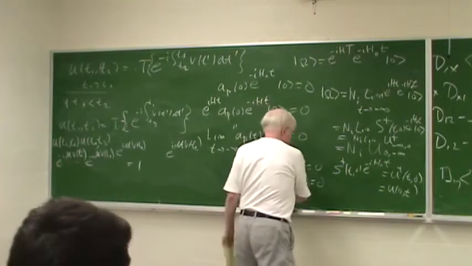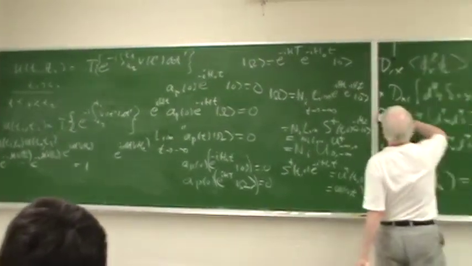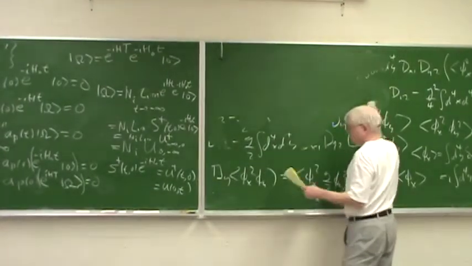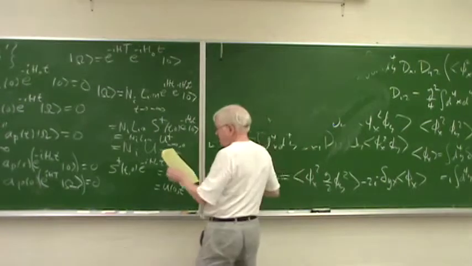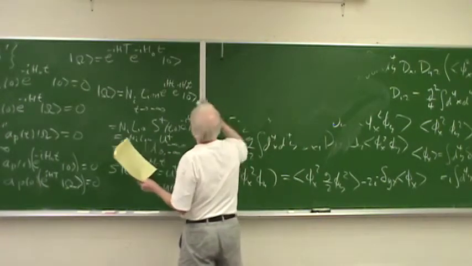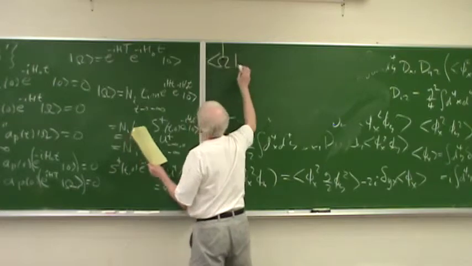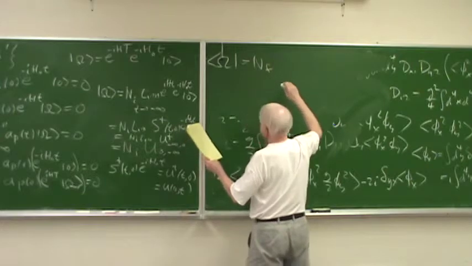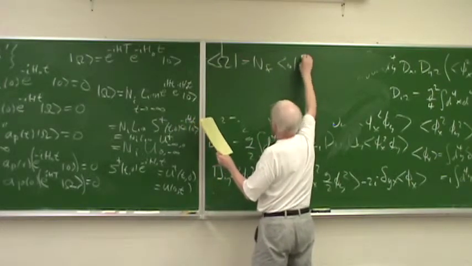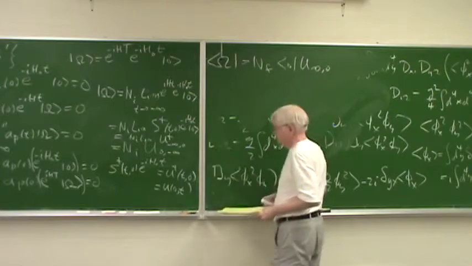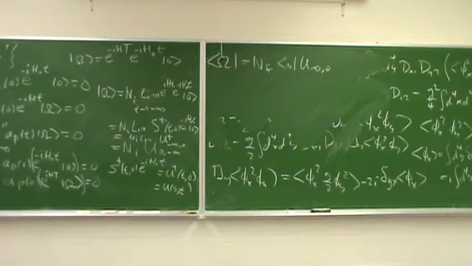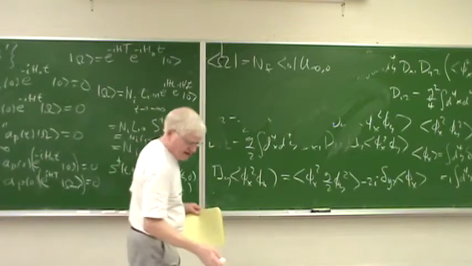Okay, similarly, you can say that the physical vacuum is some final state constant times 0 U infinity 0, understood in the limits.